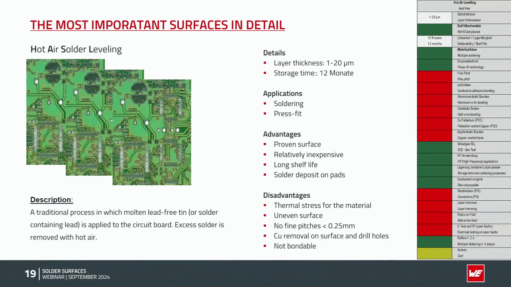We also can see a video shortly. So we have a thick layer which enables an easy soldering process. We have solder deposit on the pads, which helps in the soldering process.